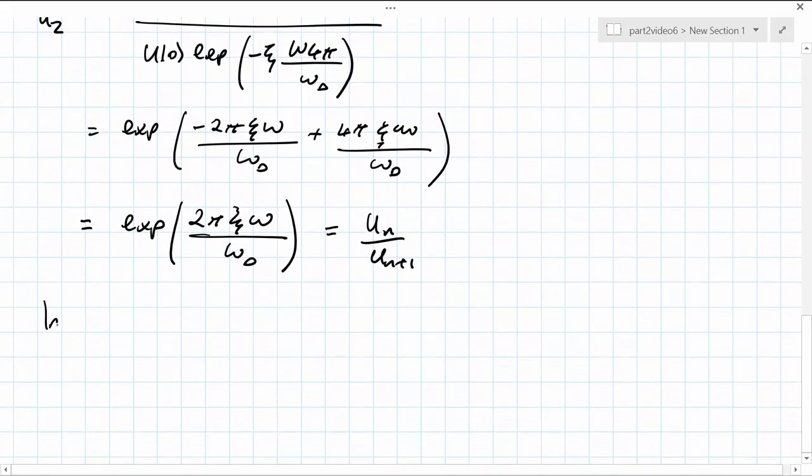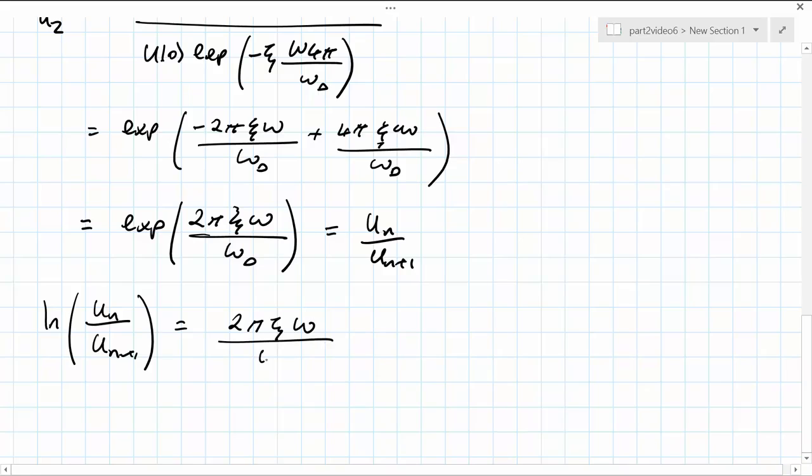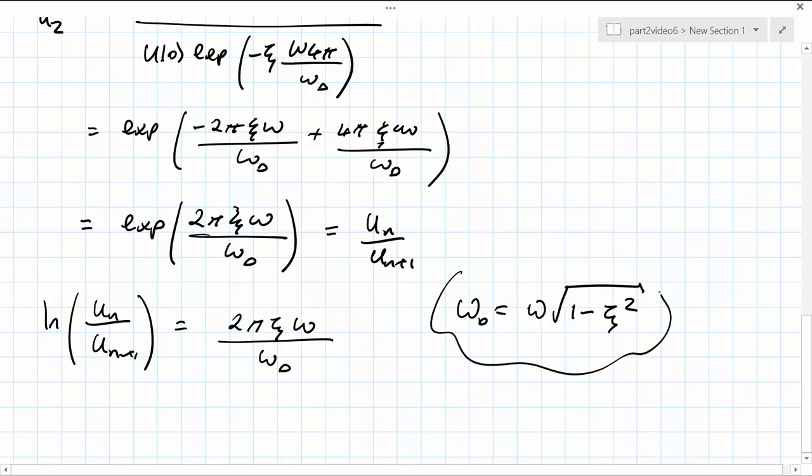If we then take the natural logarithm of un over un plus 1, that gives us 2 pi zeta omega over omega d. And remember that omega d is equal to omega times the square root of 1 minus zeta squared.